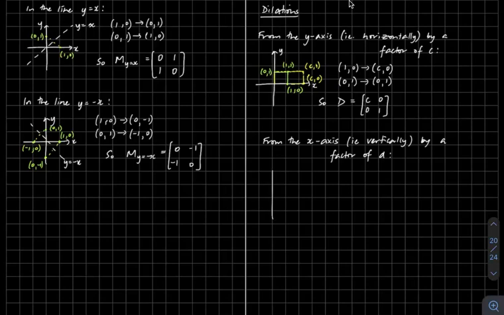So let's just quickly sketch what that one might look like. So starting with our points 1, 0 and 0, 1, and maybe also to visualize it a bit better, we'll create a unit square. But basically every point is being stretched in a vertical direction.